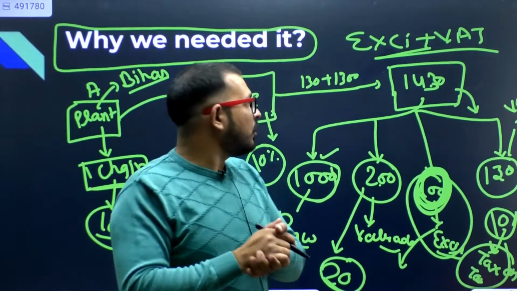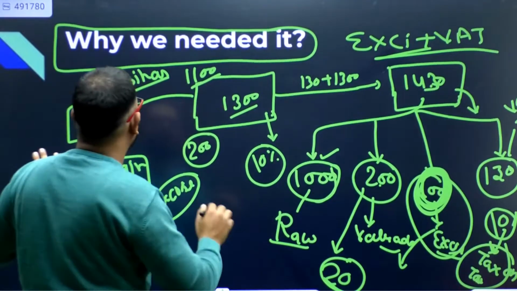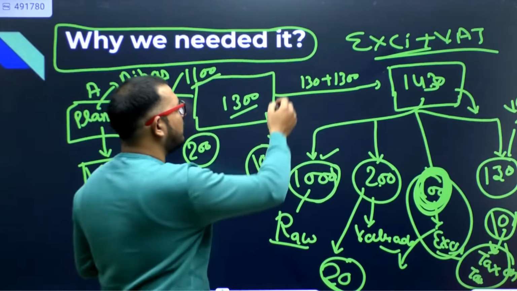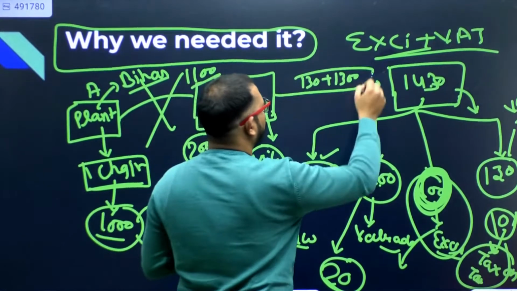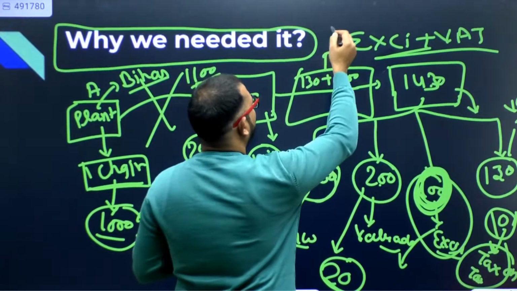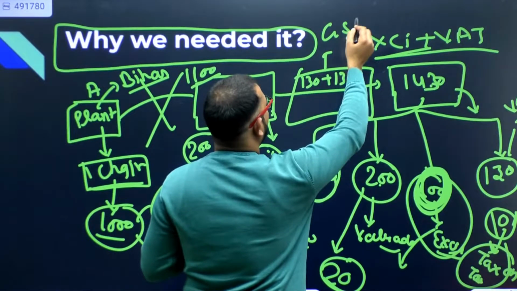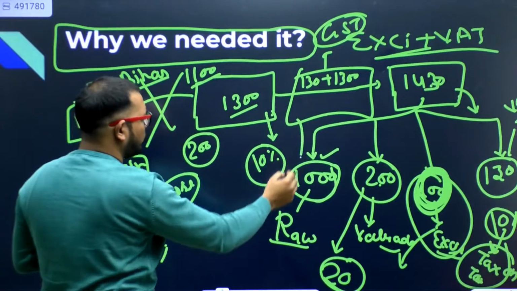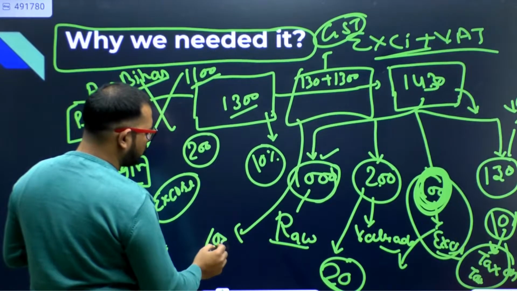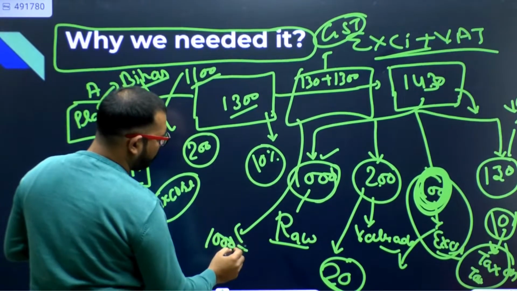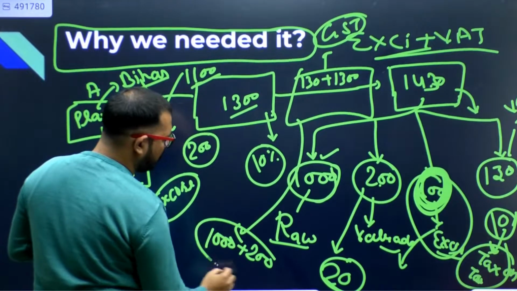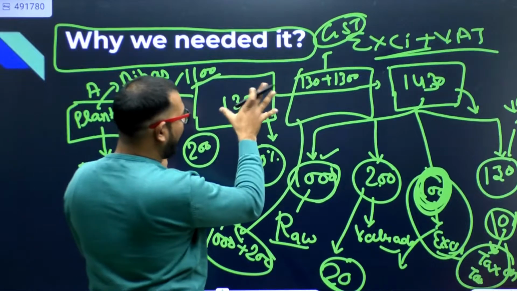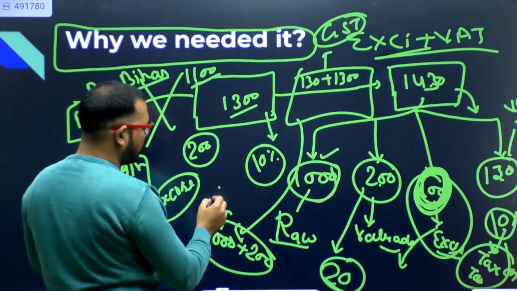That's why nowadays you do not need to pay excise. What you need to pay is one simple rate, known as GST. You pay GST on how much? You pay GST on 1,000 plus 200, so the actual cost of this chair is 1,200.